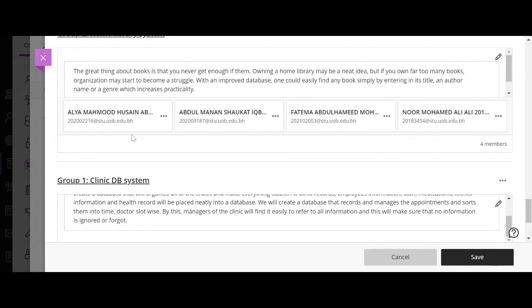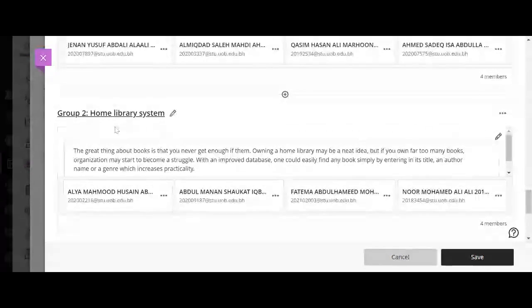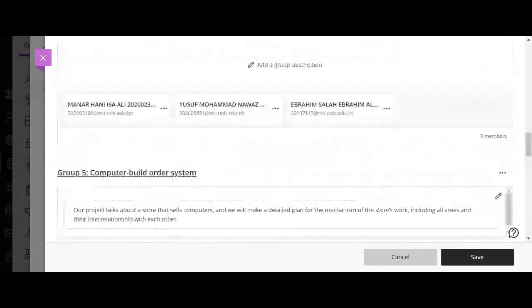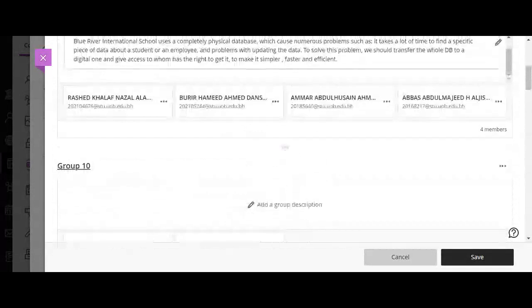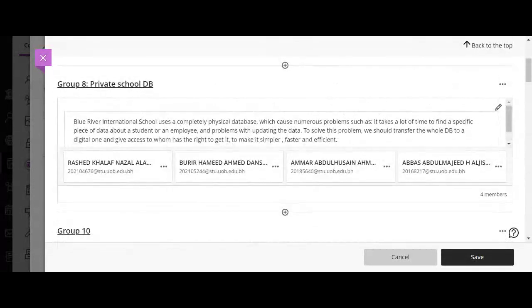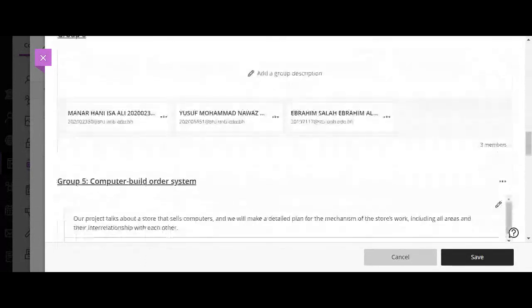Now, group number 2, home library system. By the way, there are some groups without a topic. So please make sure that you have a topic for your group. Let me know about it.